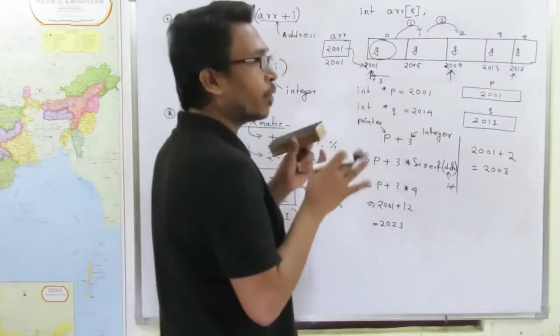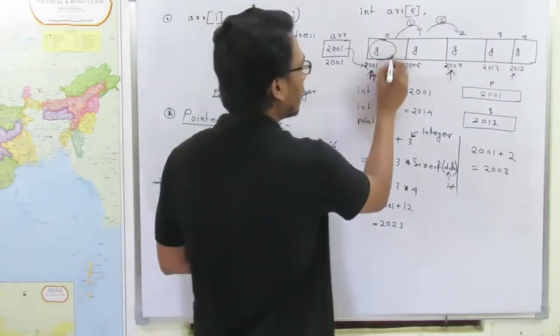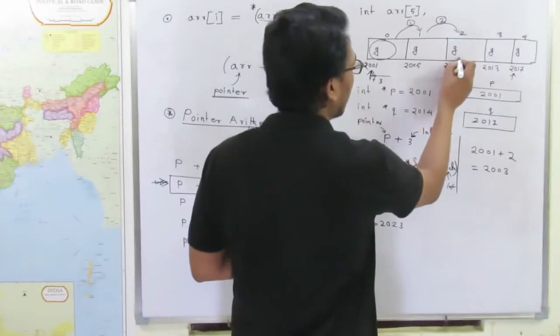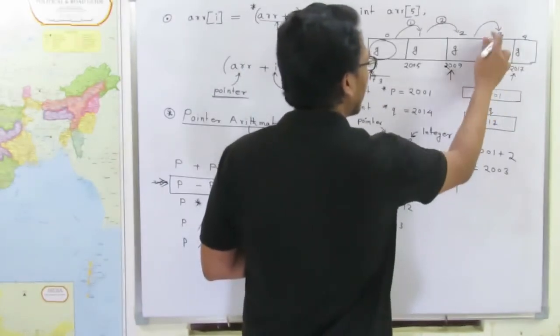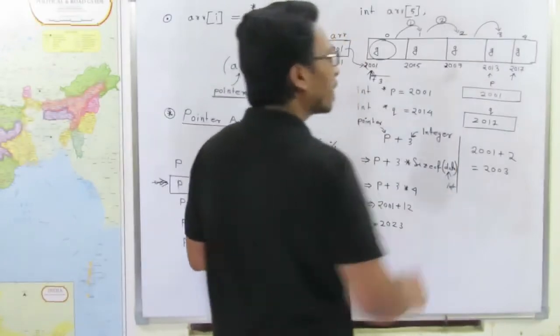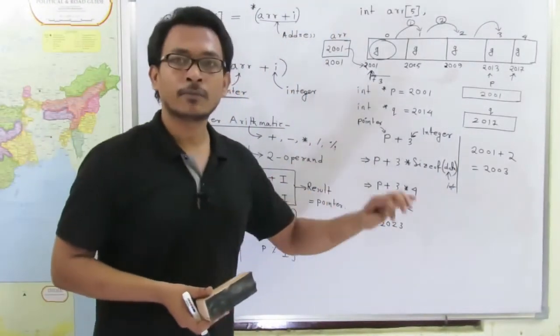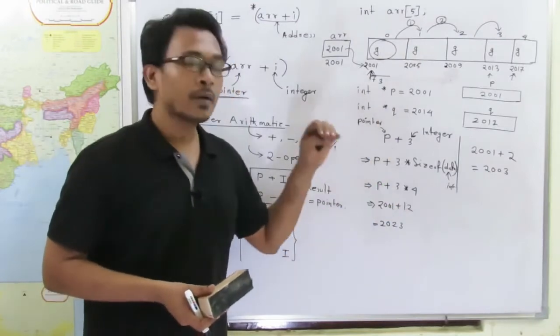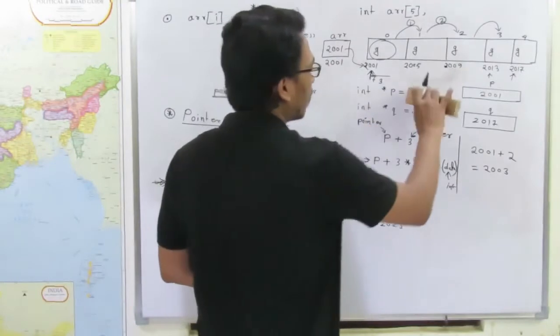That means how many blocks do we need to pass? We need to bypass 3 blocks. So this is our first block, this is our second block, this is our third block. That means we will get the base address of this block. Clear? This is how this operation is performed by the system. Now let's say we change the content of P.